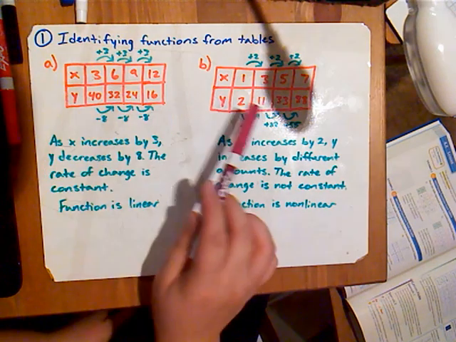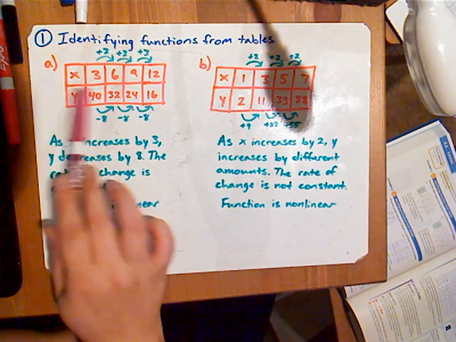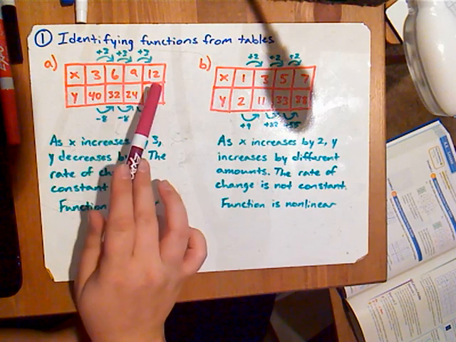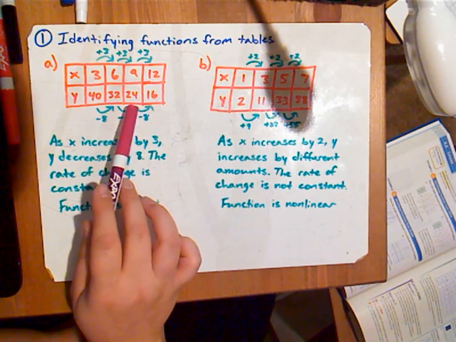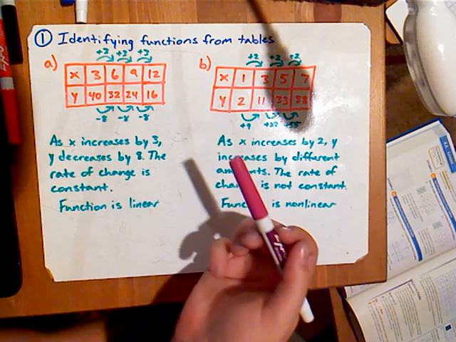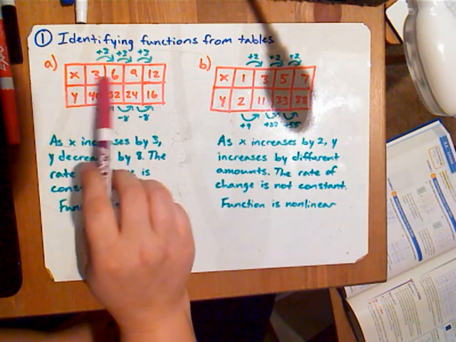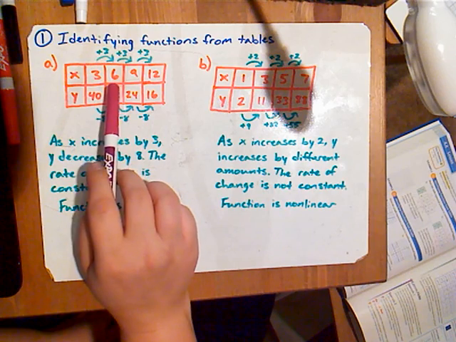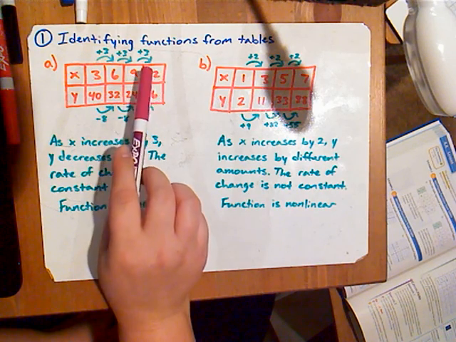We have two tables here, table A and table B. In table A, the x is 3, 6, 9, and 12, and our y's are 40, 32, 24, and 16. Our x's, going from 3 to 6, we're adding 3. 6 to 9, we add 3. 9 to 12, we add 3.